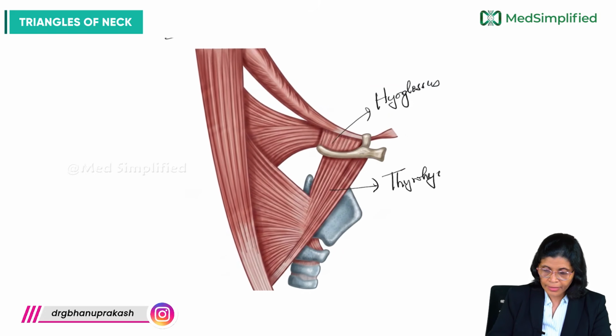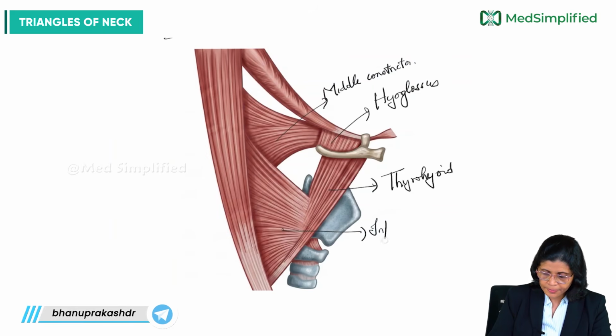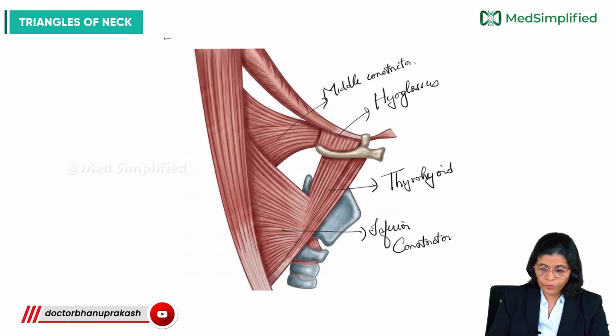And we have the middle constrictor of pharynx, and here we have the inferior constrictor. Okay, middle and inferior constrictor of the pharynx. So these form the floor.